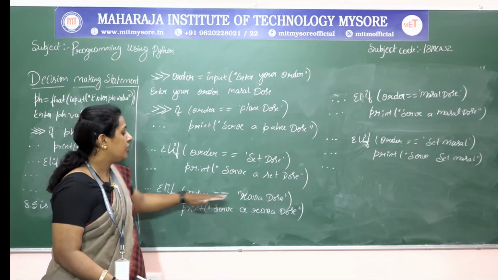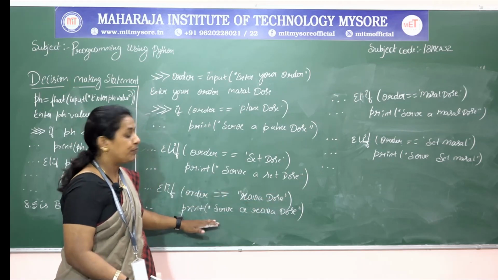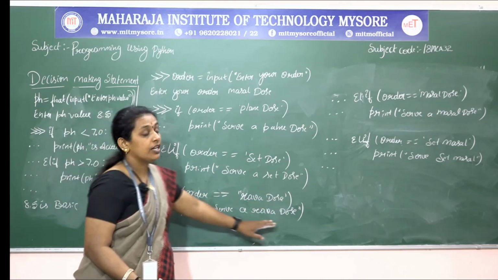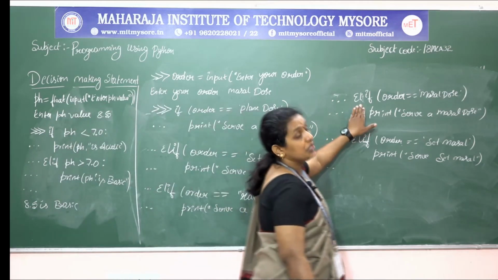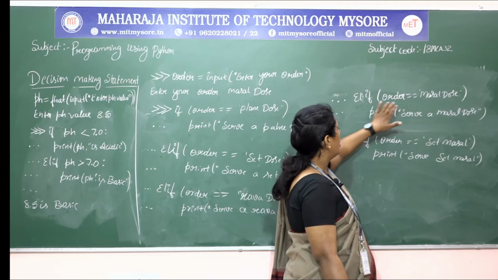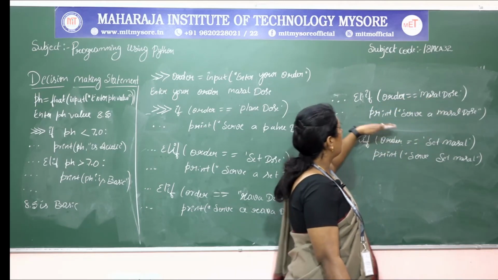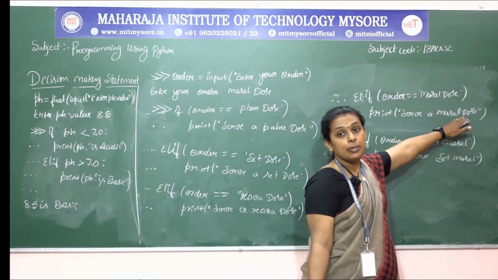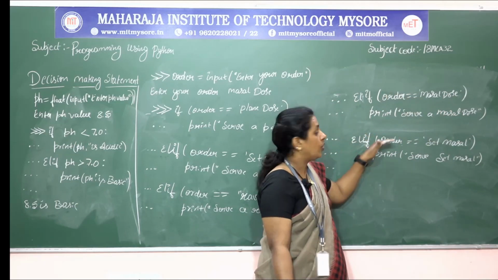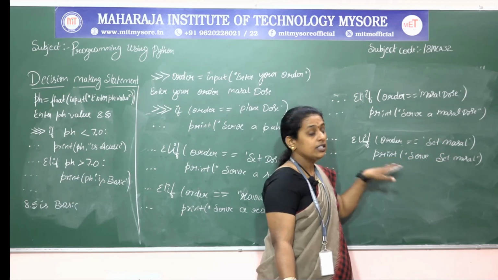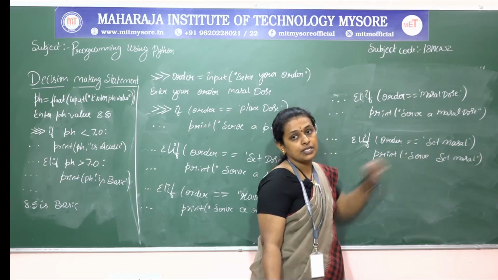Else if order equal to rava dosa, then it is going to serve a rava dosa, and if this condition is not satisfied, then it is going to move to else if order equal to masala dosa, serve a masala dosa. Then if this is not the case, then it will move to the next statement, that is order equal to set masala, and it is going to print set masala.